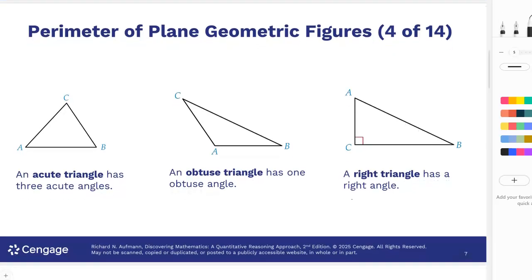We could also talk about triangles in terms of angles. Acute triangles means every angle is less than 90 degrees. A right triangle has one angle that's 90, and then these two would be acute angles.